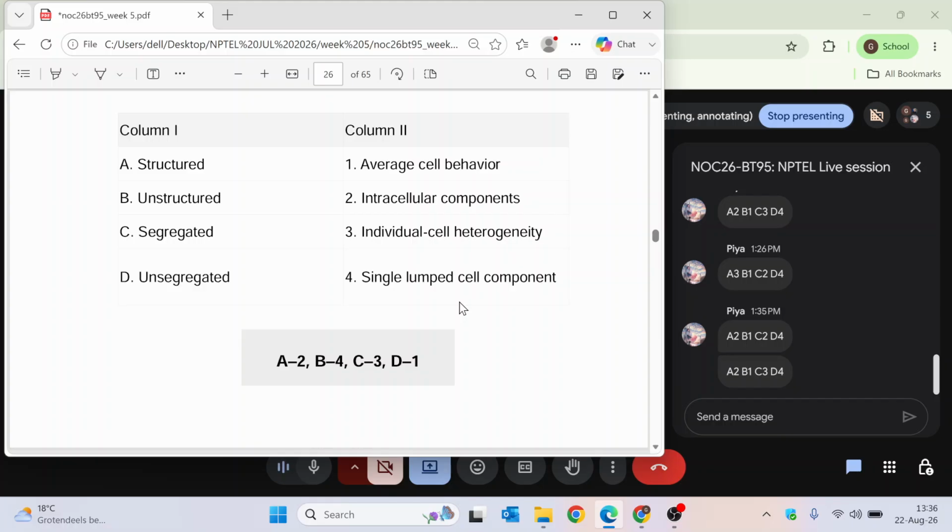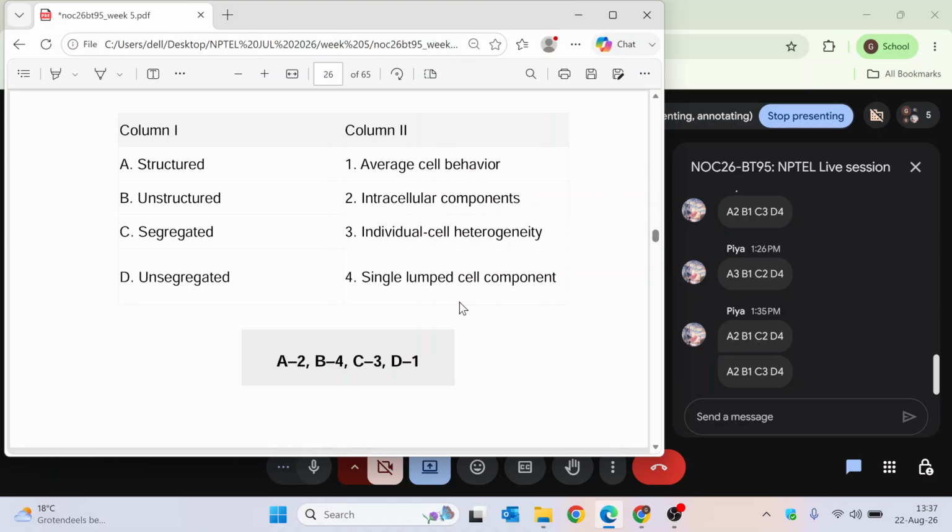As we saw about the structured, unstructured, segregated and unsegregated models, the structured model considers the internal composition of the cell, like DNA, RNA and other organelles or any other intracellular component of a cell, whereas the unstructured model doesn't consider all these. It just says that a single cell is a single entity.